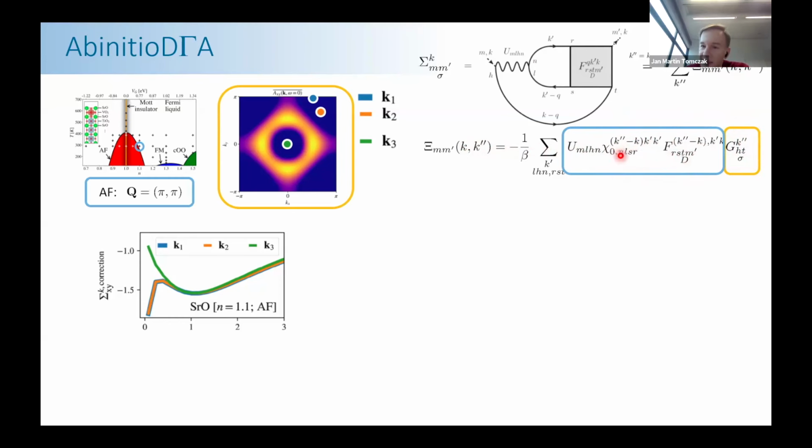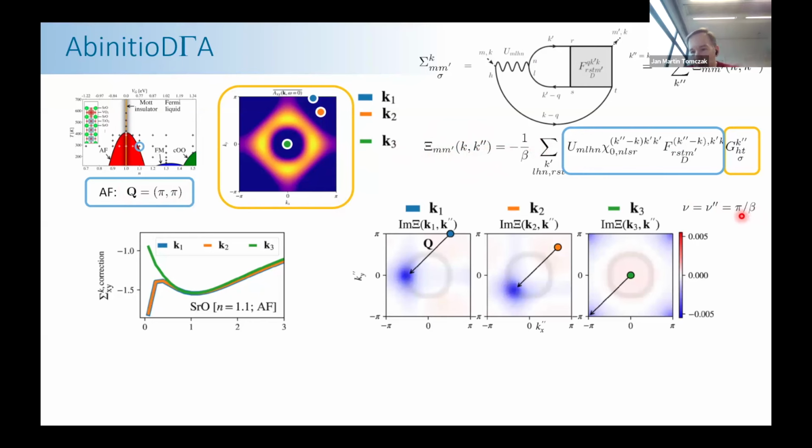Let's say we don't have nesting, then this chi0 is benign, and all of the fluctuations will arise, if we are in the vicinity of an instability, from the full vertex F at the characteristic momentum vector k prime minus k, which in our case, because we're close to the antiferromagnetic dome, will be q equals (pi, pi). And now we can look at how this function looks for these k points resolved into k double prime.